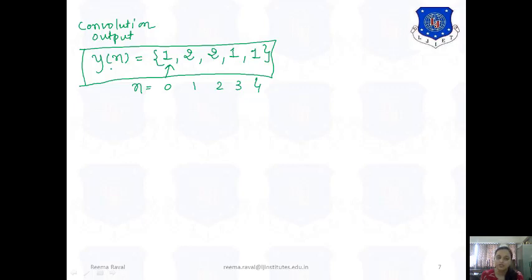So first of all, you need to always define n and k, and according to that you will have to plot the graphs. Then you need to find the final convolution output sequence, indicating the arrow, using the graphical method. To make the idea clearer, we will again consider one more example in the next session. So I hope this is clear to you now.